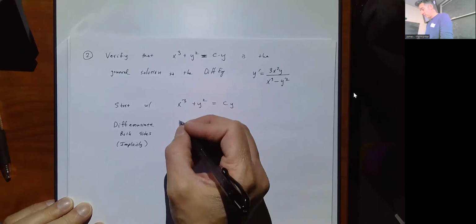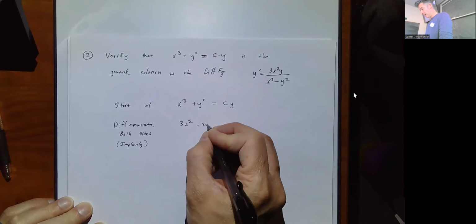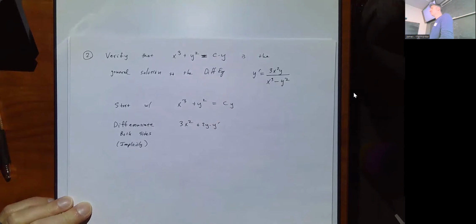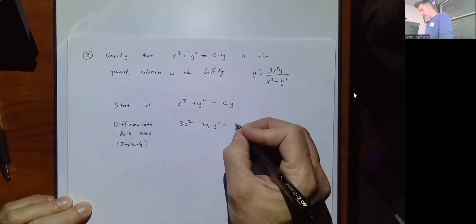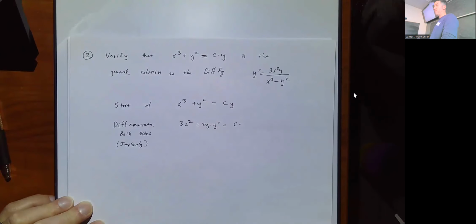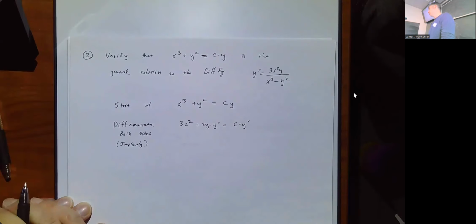The derivative of x cubed is 3x squared. The derivative of y squared is 2y times y prime. And the derivative of a constant times y, the constant hangs out, and the derivative of y is y prime, or dy dx if you prefer.